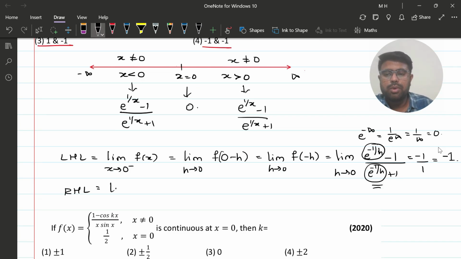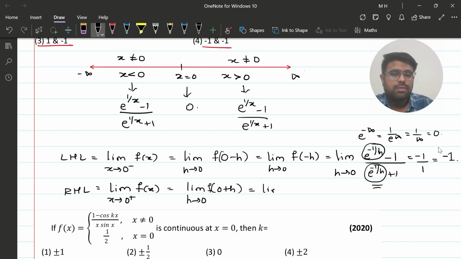Right hand limit is going to be what? Limit of f of x as x tends to 0 plus. So this is equal to the limit of f of 0 plus h as h tends to 0, which is equal to the limit of, we should try to avoid infinity, e raised to 1 by h minus 1 divided by e raised to 1 by h plus 1 as h tends to 0.